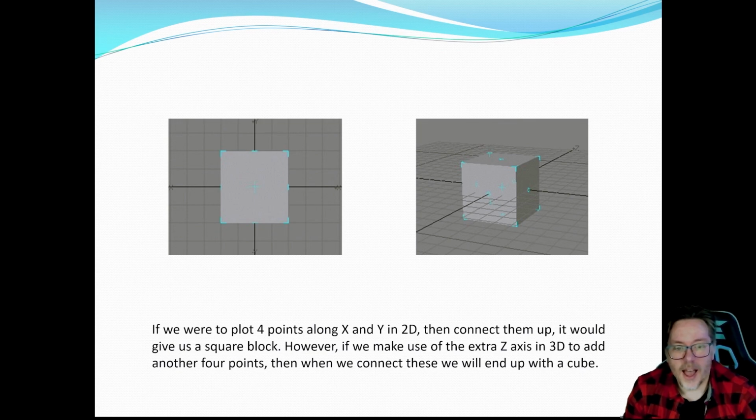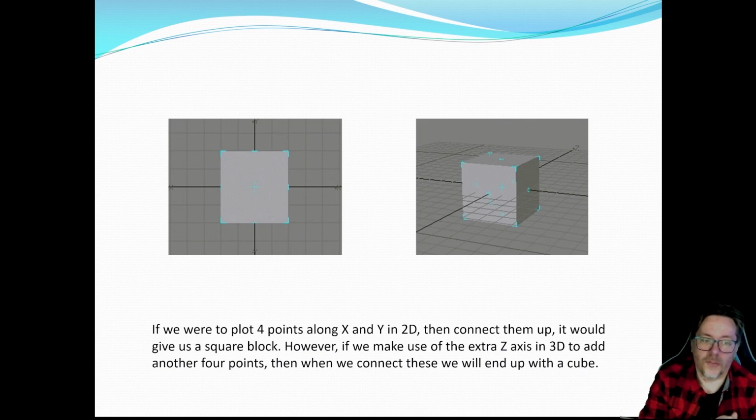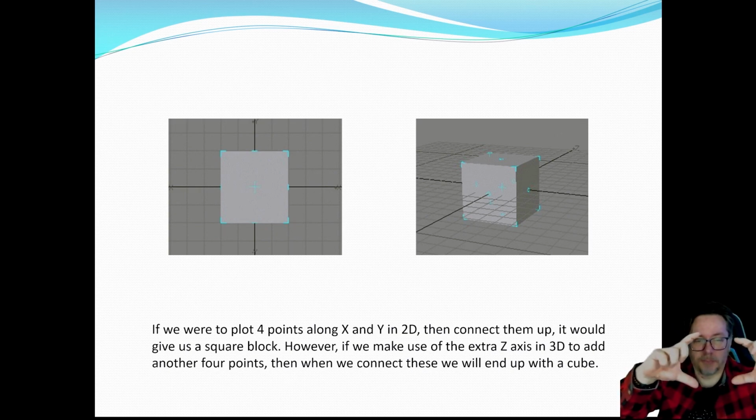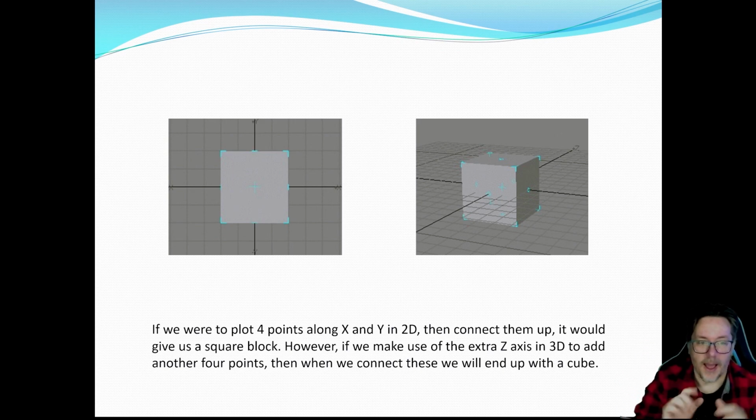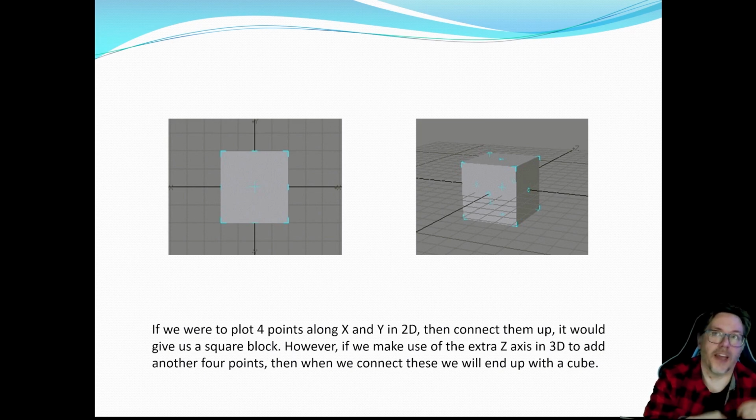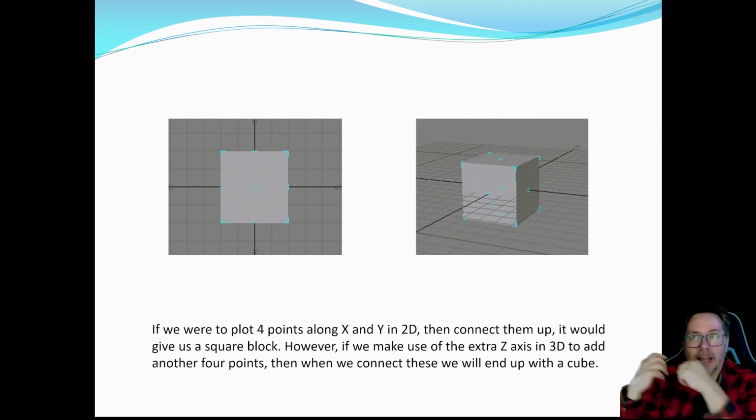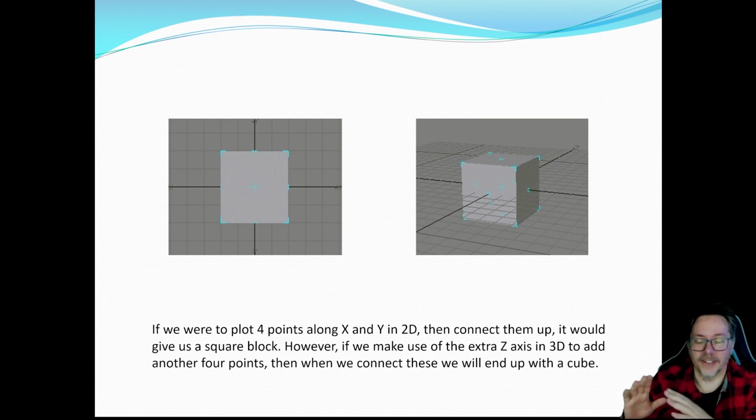Anyway, there we go. So if we were to plot 4 points along an X and Y in 2D and then connect those 4 points up, they would be the corners of a square block or a rectangle block. And you've got to think of 3D software or 3ds Max as being a graphical interface for the mathematical calculations that are going on behind it.